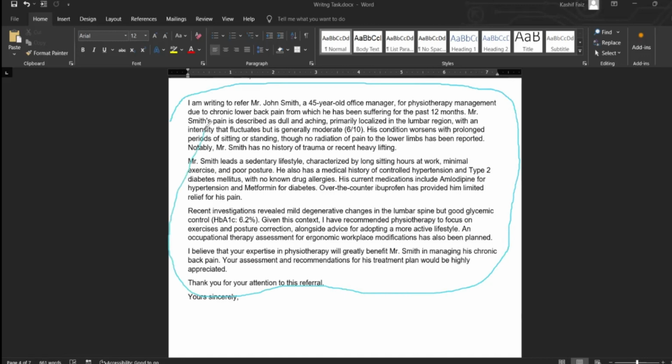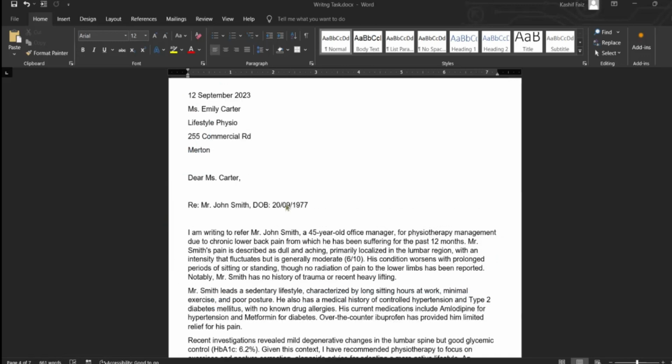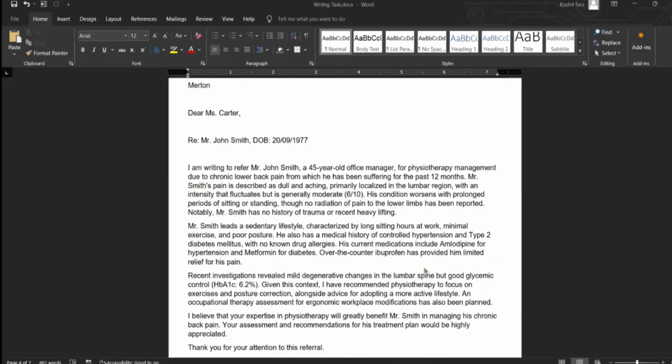Yes, they are right. Your address and your sincerely are not counted as the body, not counted when they are counting the number of words. But this body is what will be counted, and this is what you will be assessed on majorly.